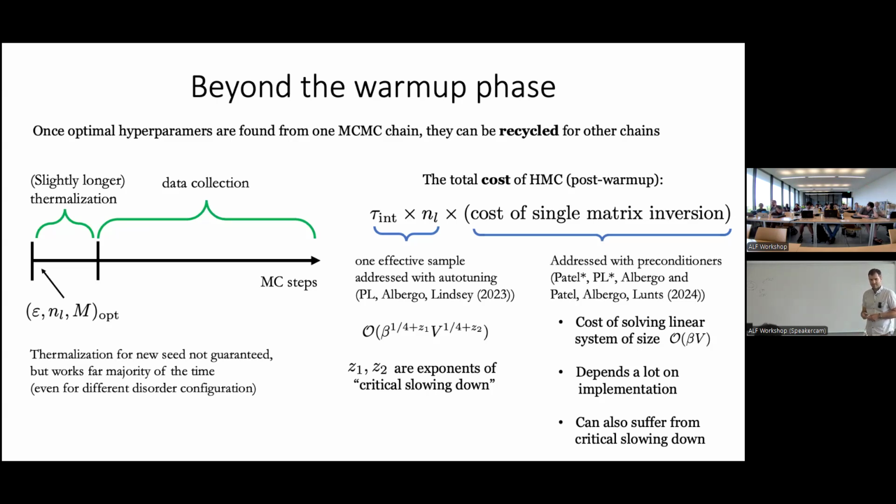I have a question about your comment. It sounded like you're proposing to do the hyperparameter optimization with a single walker or on a single core, instead of all the cores that you might want to use for the actual data collection.